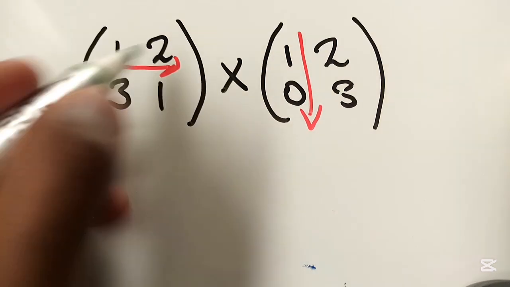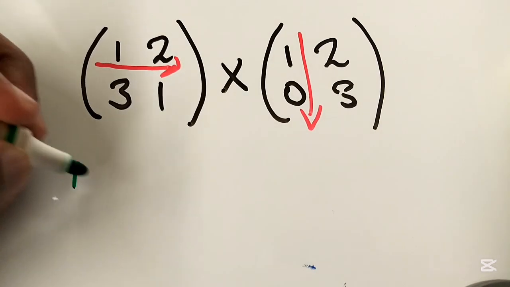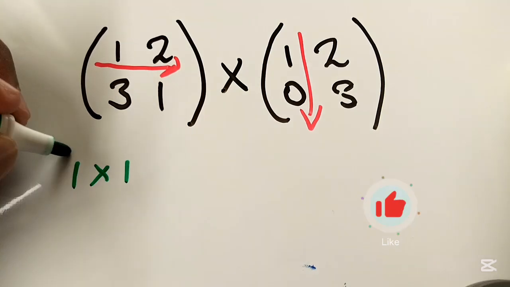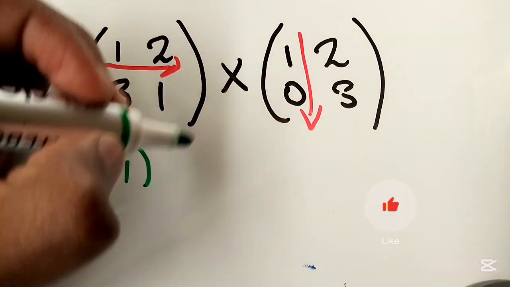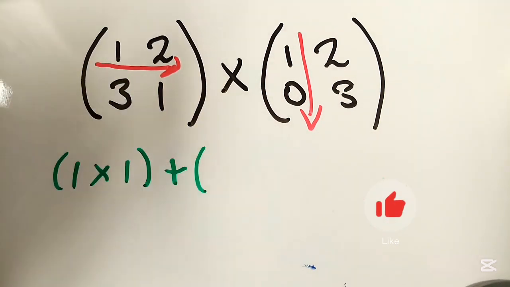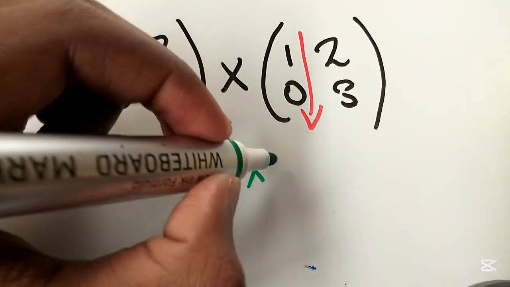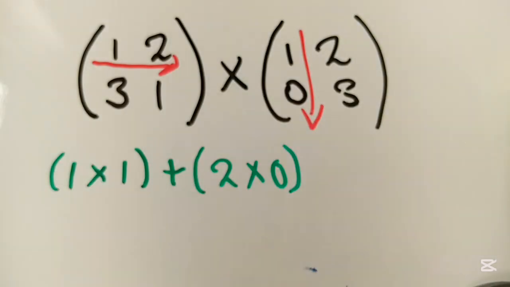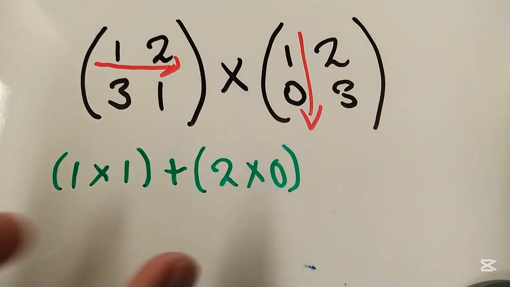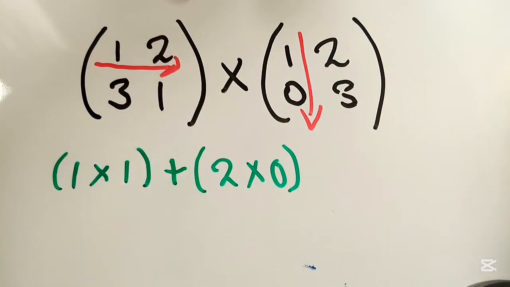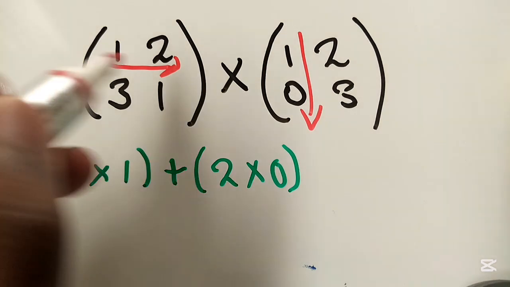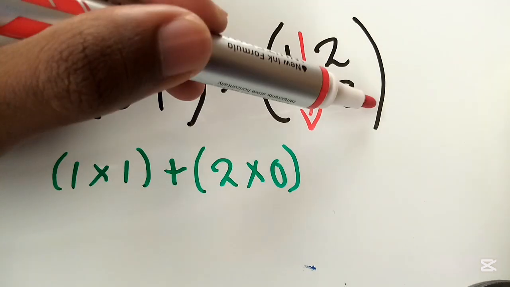We're going to say 1 times 1, and then we'll put it in our brackets. Then we're going to add, and then say 2 times 0, and put it in our brackets. So this is this row times this column. Now we're going to repeat this for this row and the last column over there.